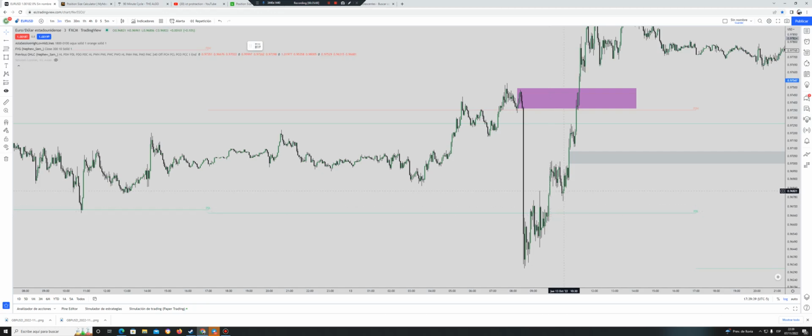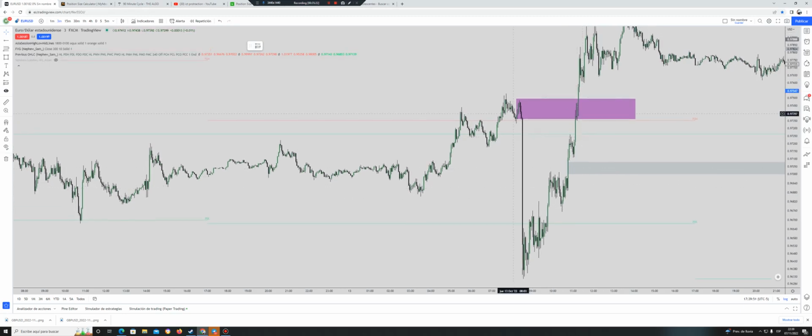Let's say 10:30, because as we know we wait 30 minutes to collect information and to see what price is going to do. At 10:30 here, what the price does is take all those stops here, and taking this, because this is a trap. Okay, this here is a trap, and here we go, the 10:30.